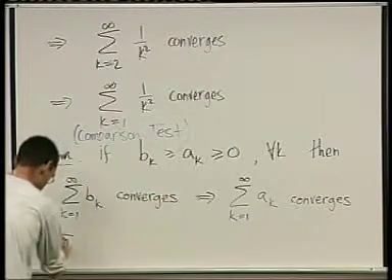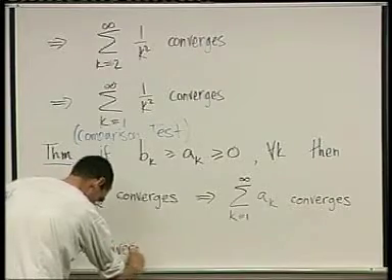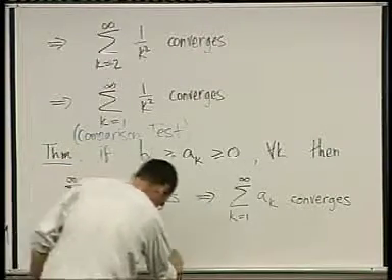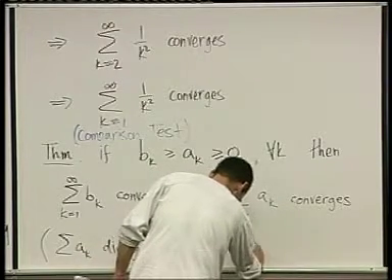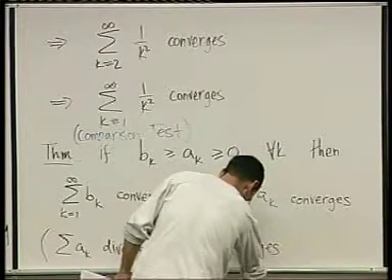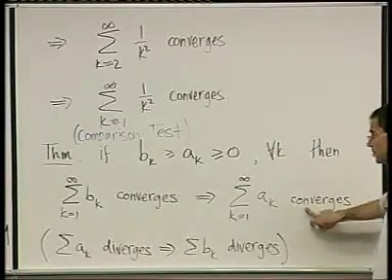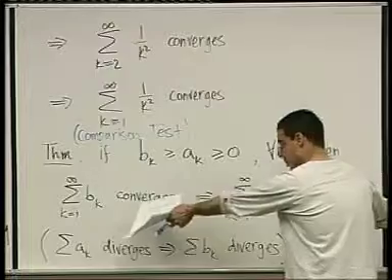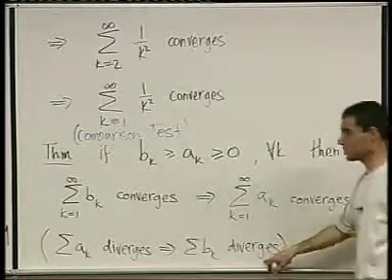If you know that sigma ak diverges, then of course that implies that sigma bk diverges as well. Because if this were to converge, it would imply this converges. But if this diverges, then this must diverge as well.